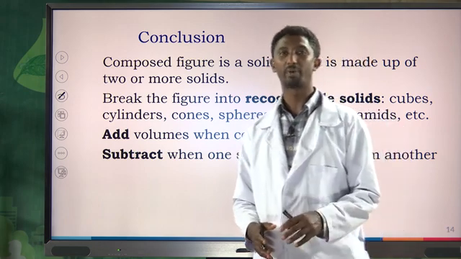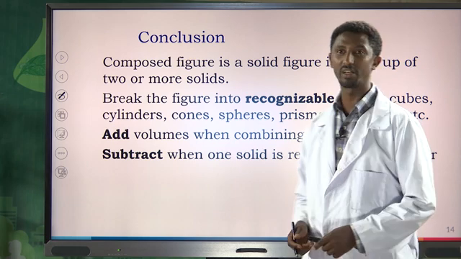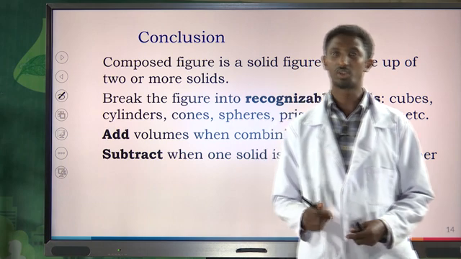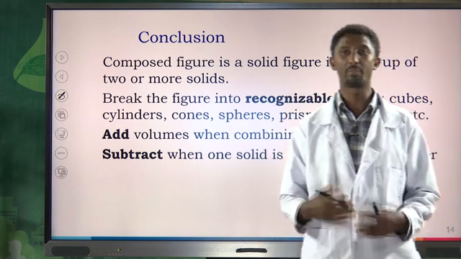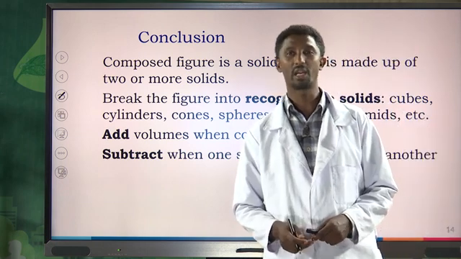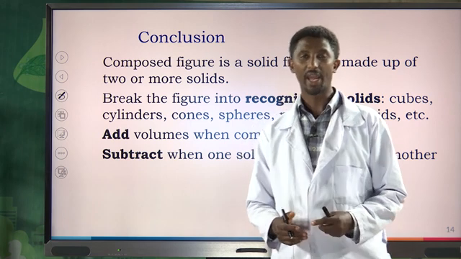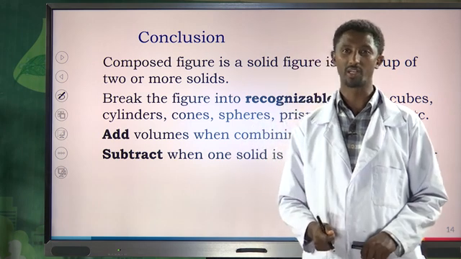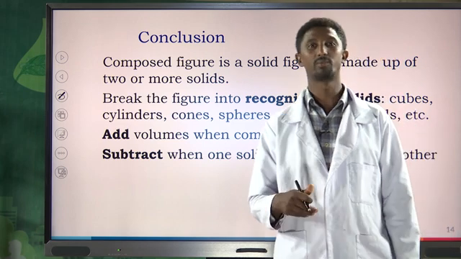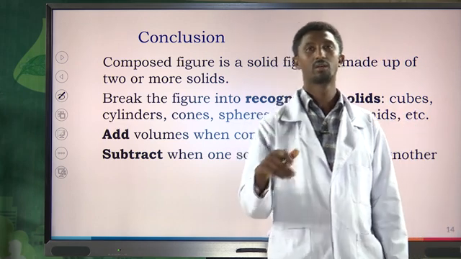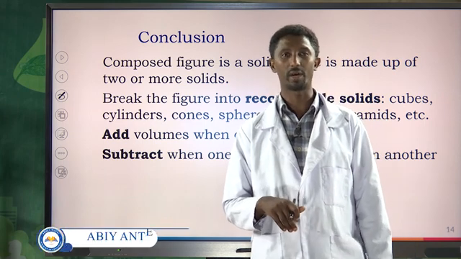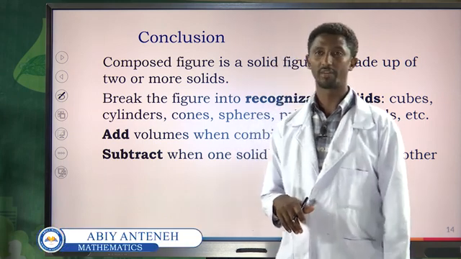It's better to break the figure into recognizable solids like a cube, cylinder, cone, sphere, a prism, and a pyramid, which are familiar solid figures, and add volume when combining two or more solid figures, and subtract volume when some part of a given solid figure is taken out from a given solid figure.